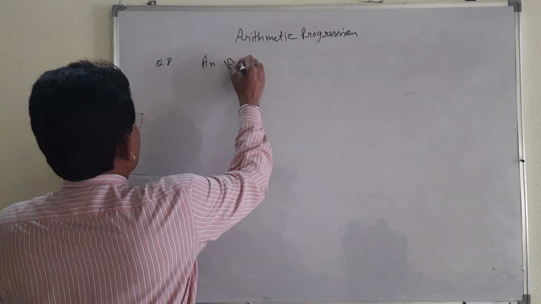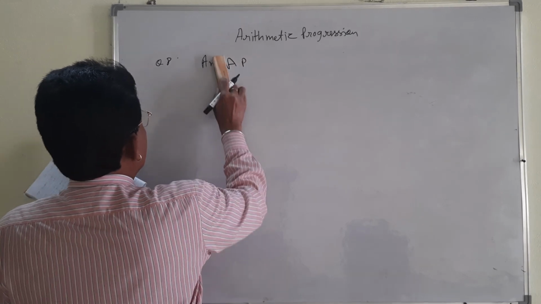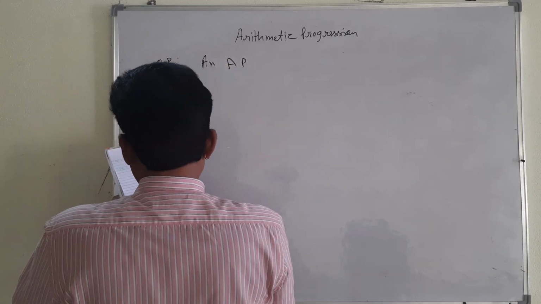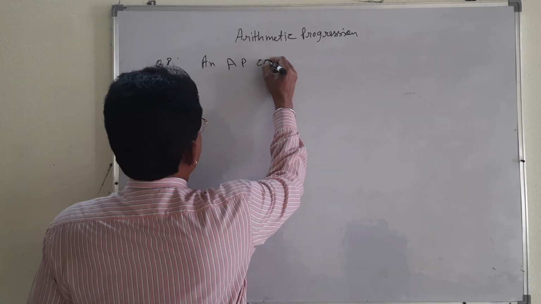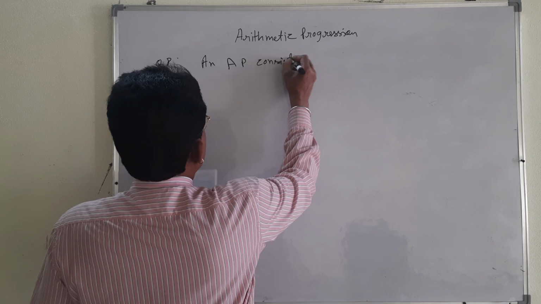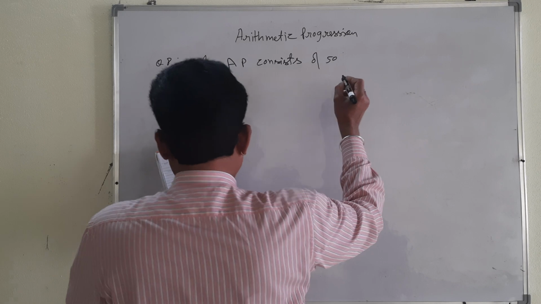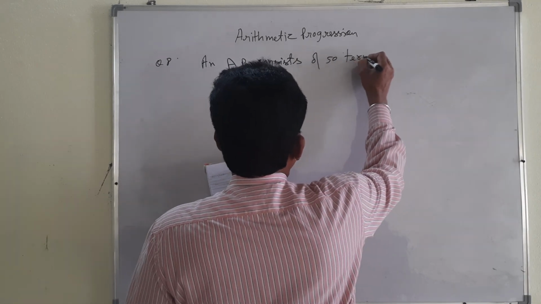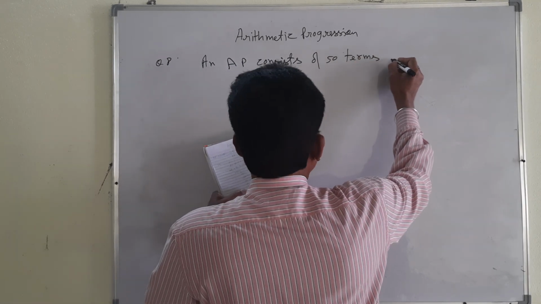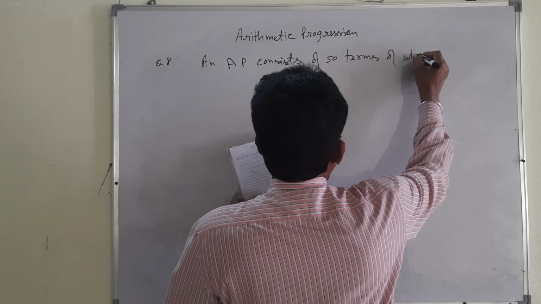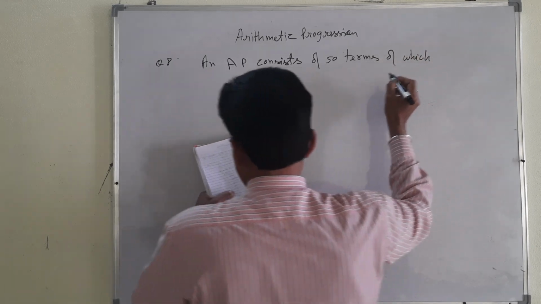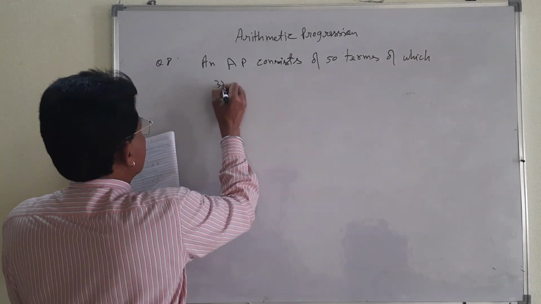An AP consists of 50 terms, of which the third term is 12.